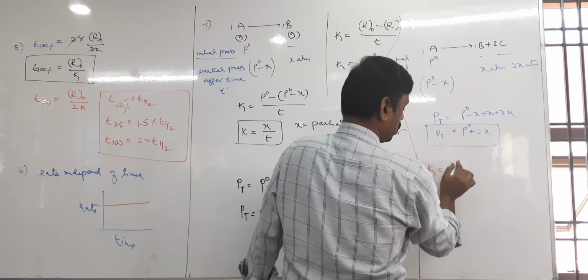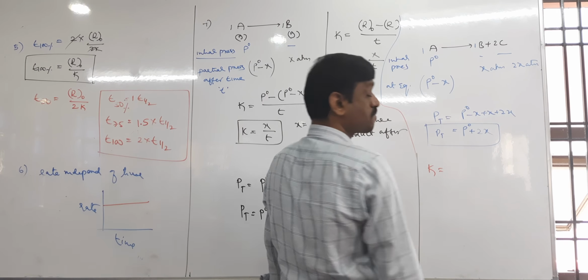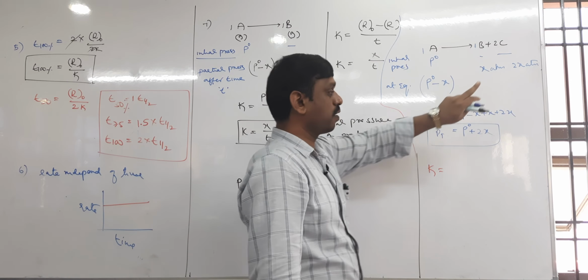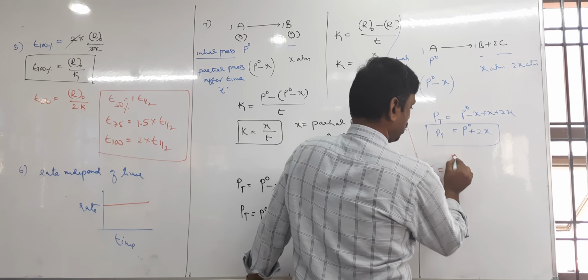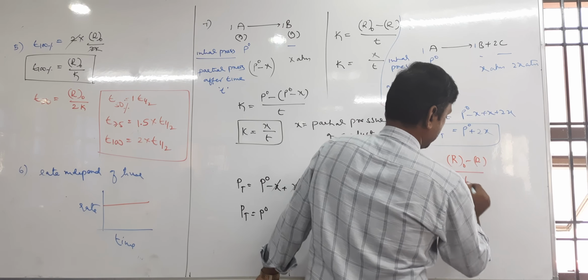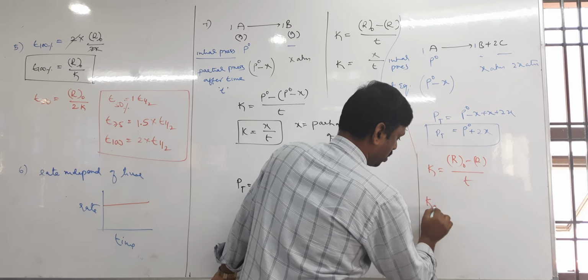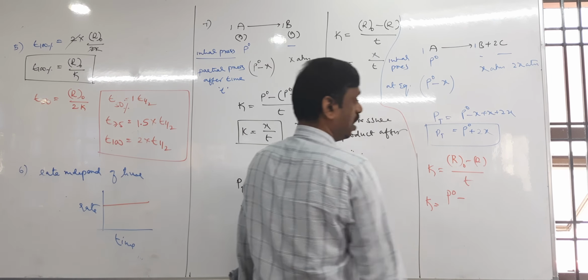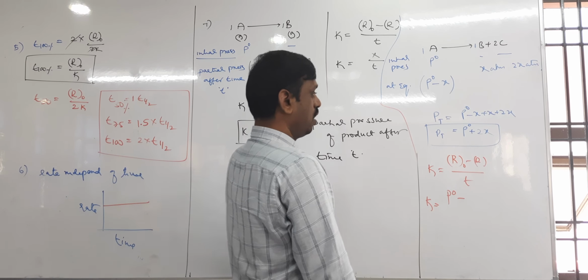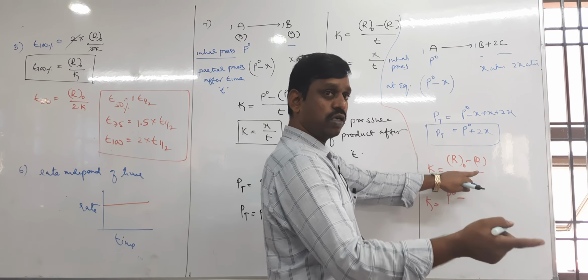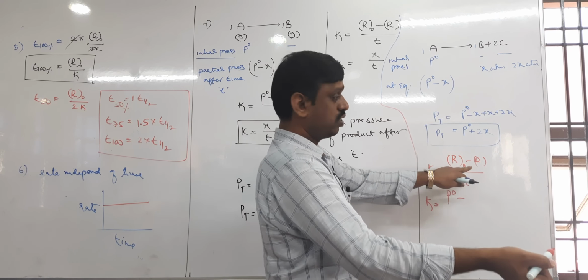Now for this reaction, tell me what K equals. K equals P naught minus P by t, or R naught minus R by t. What is R? R equals the initial concentration minus the product concentration or pressure.